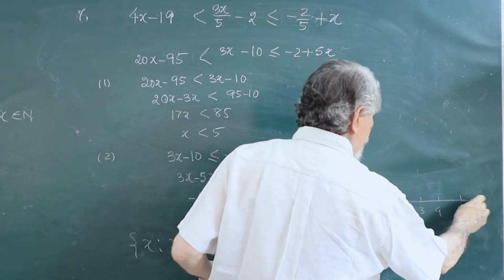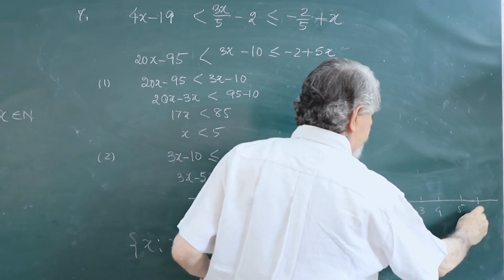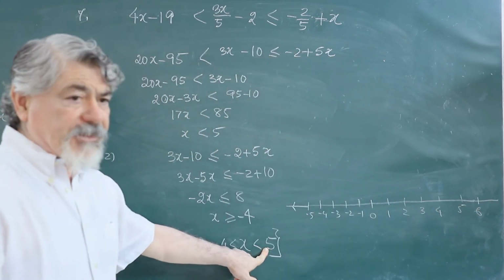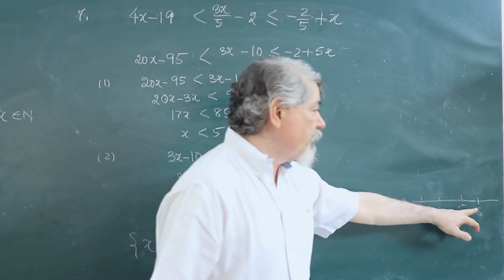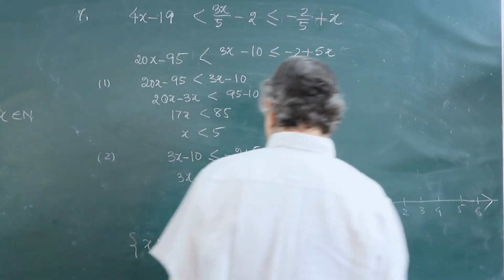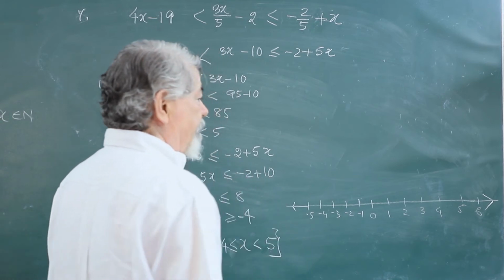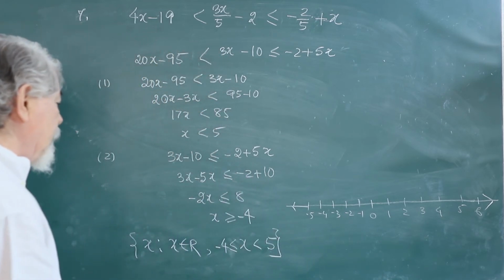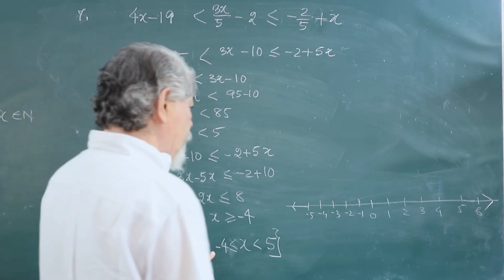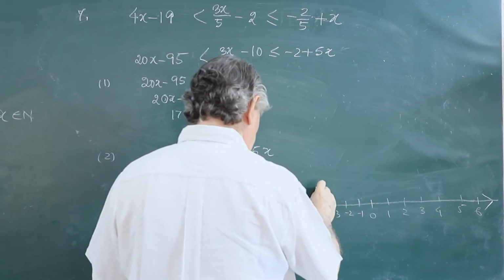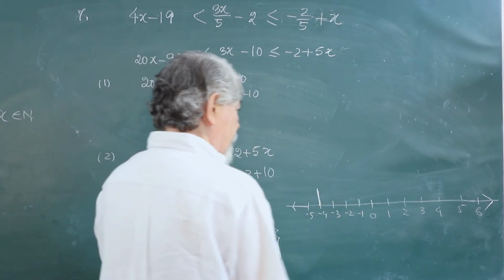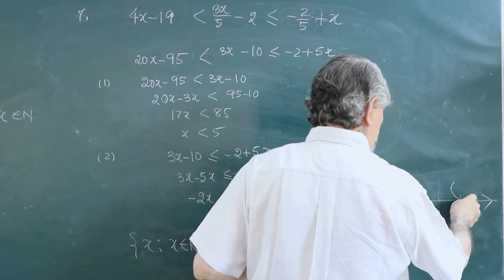At least one more point than the end points we should draw. Like 5 is the extreme point here, so I am plotting it till 6, and the extreme is minus 4, so we can show minus 5. Now it is greater than or equal to minus 4, so it is here, and less than 5.